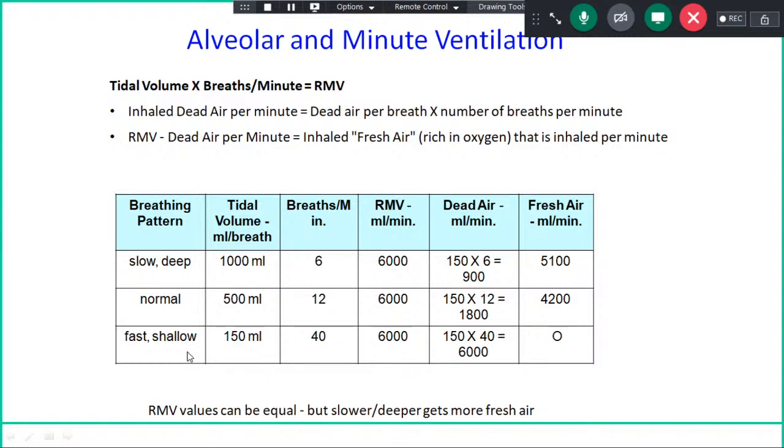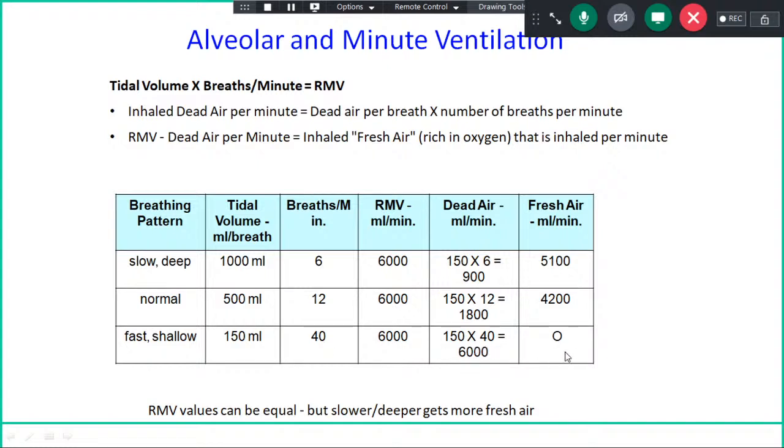If you decrease the depth but increase the breathing frequency, so that the resting minute ventilation remains the same in all three, but here, because it is fast and shallow breathing, say 40 breaths per minute with a tidal volume of 150 ml, the whole volume will remain only in the dead space.